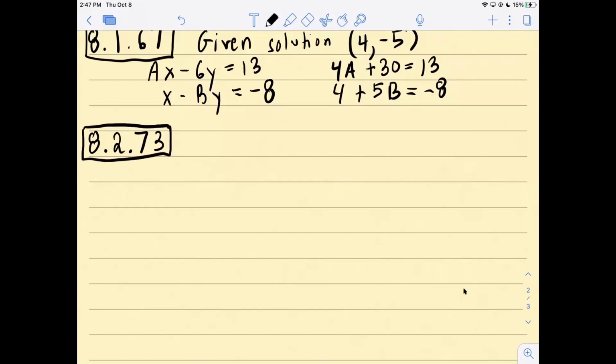Okay, so this one is x plus y. Was 73 assigned on this problem set? Yeah, 73 was assigned to 8.2, but not 8. No, yeah, it was assigned. Never mind. Okay, cool.